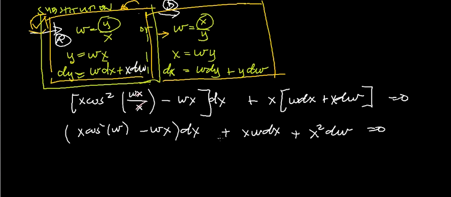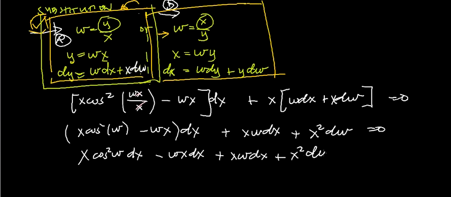So we have here x cosine squared w dx minus wx dx plus xw dx plus x squared dw is equal to 0.